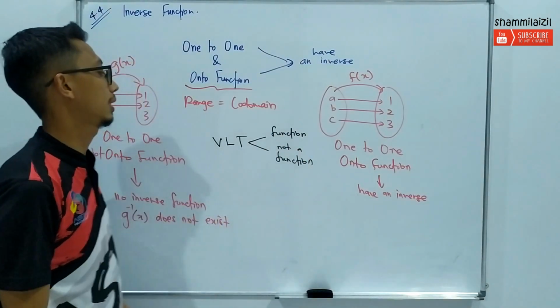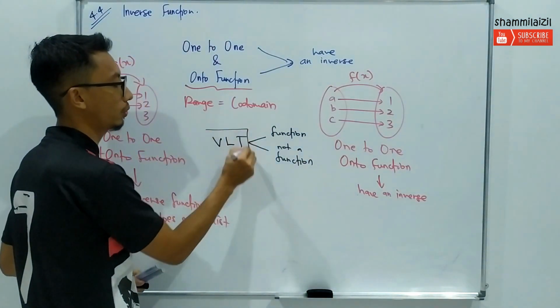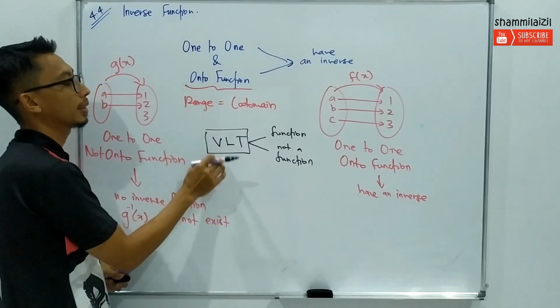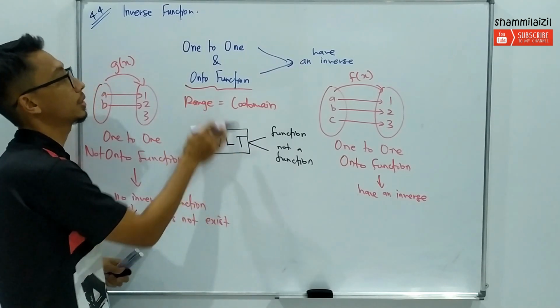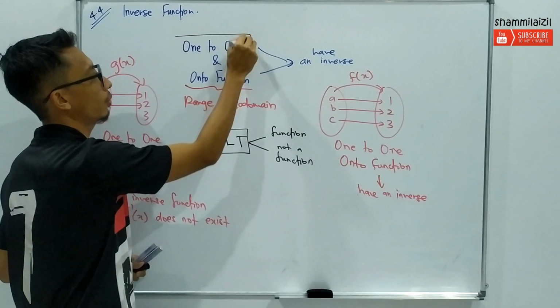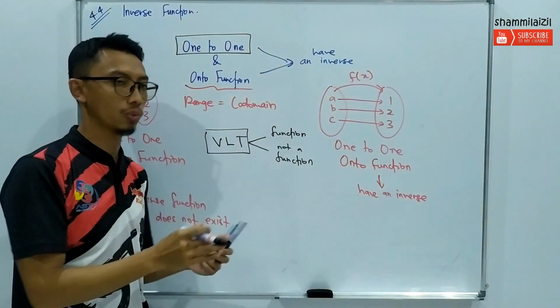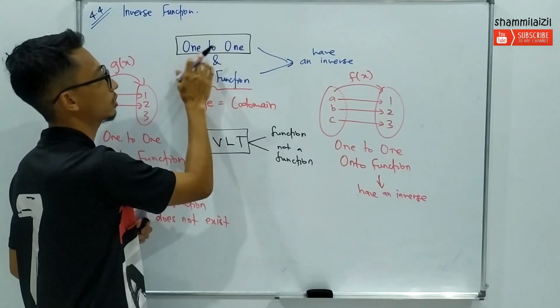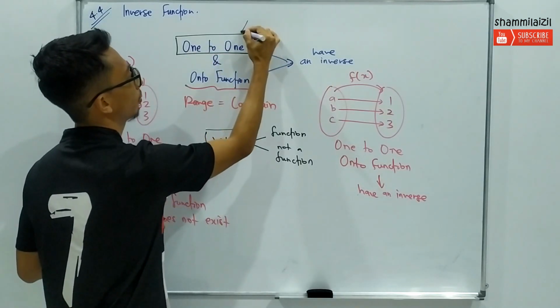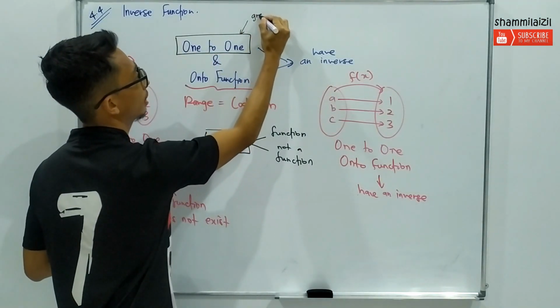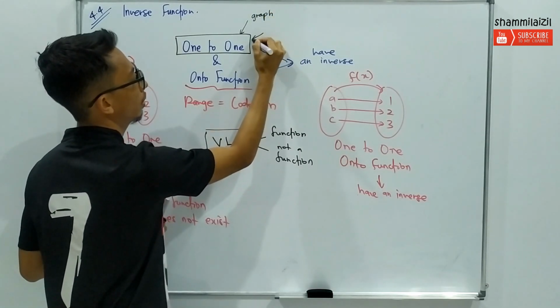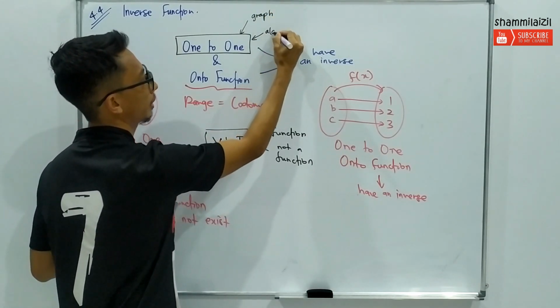That's the purpose of doing VLT. To determine whether a function given to you is one-to-one or not, there are two tests: graphical or algebraic.